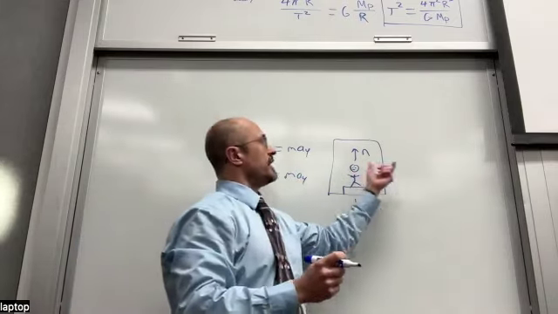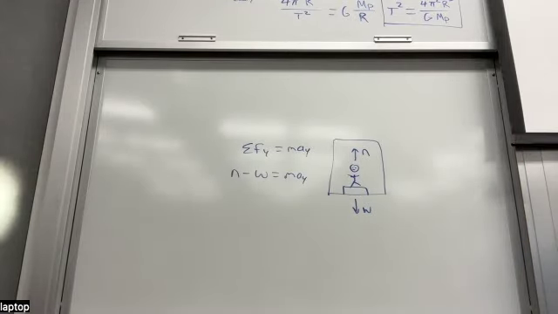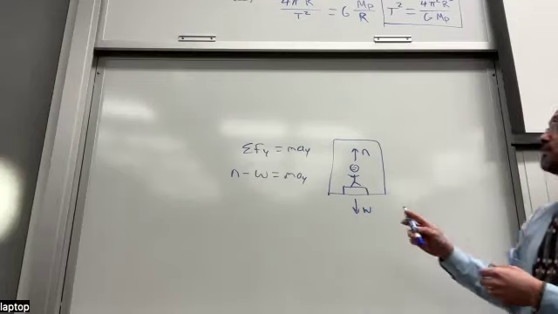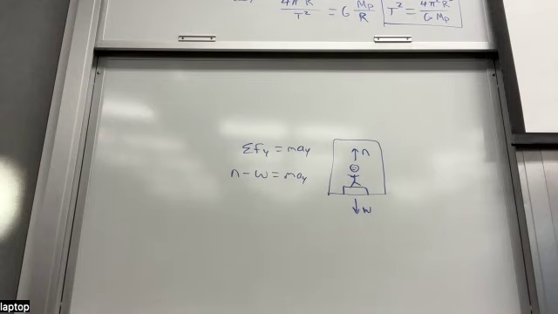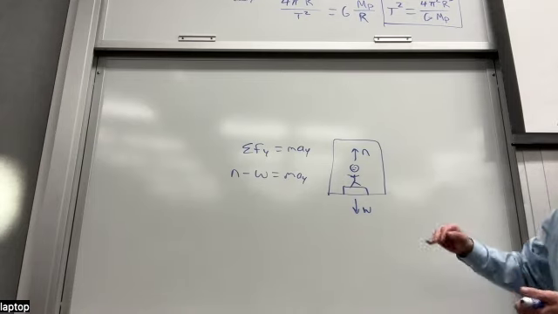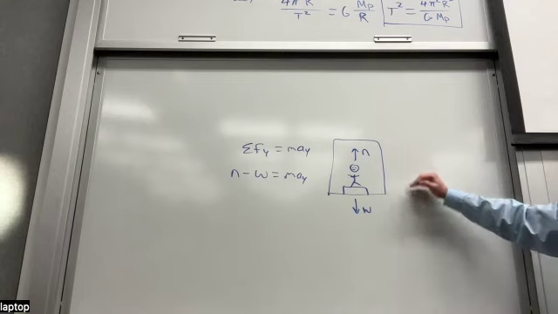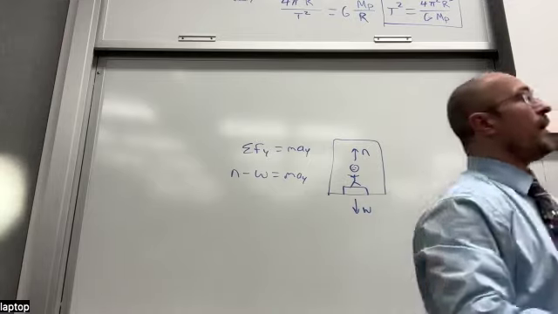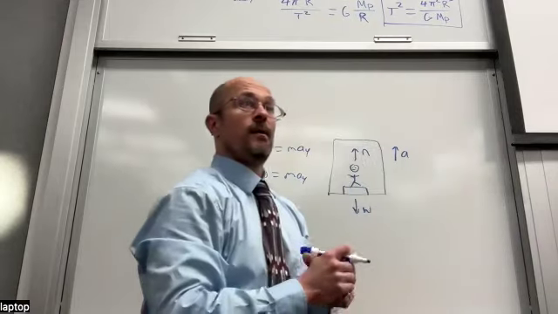Now, there's a bunch of different cases, and this is where you have to think about the kinematics in terms of what's happening to the elevator. Because based on what the elevator's doing, you will get different accelerations. So let's just say they tell us the elevator starts from rest and accelerates upwards, or it's increasing its speed upwards. Well, that would tell us that a is upwards.